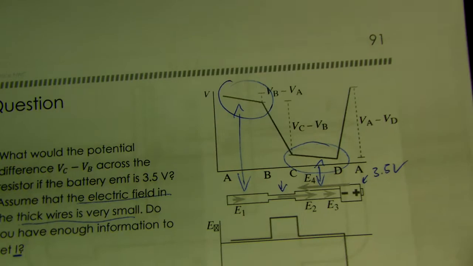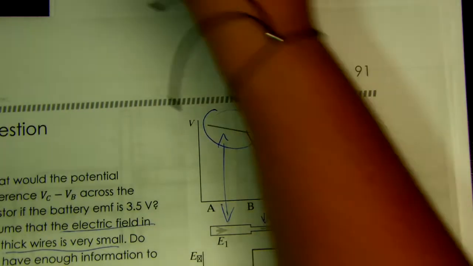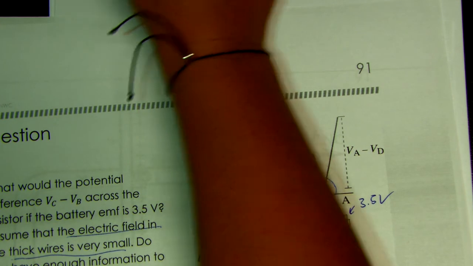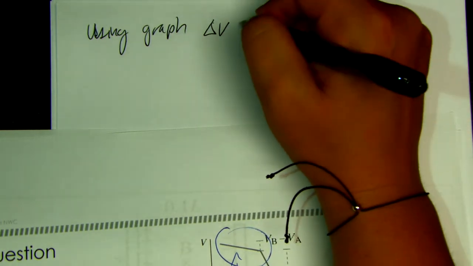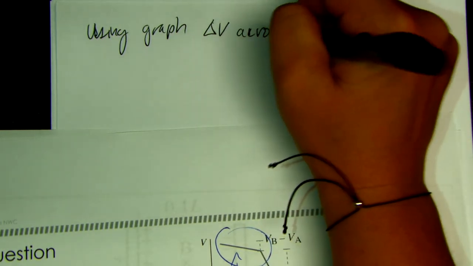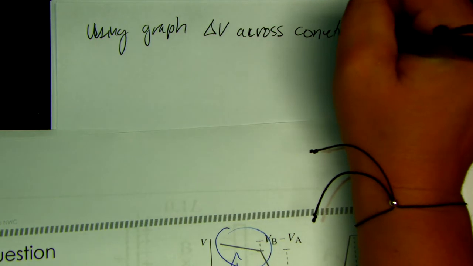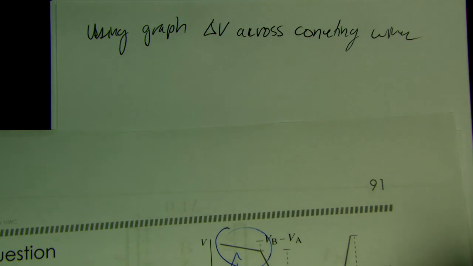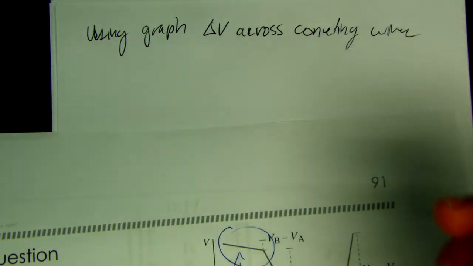What we're going to do is use this graph to answer the question, and we're going to look at delta V across connecting wires. So we know that going through the circuit, plus the EMF of the battery, is going to be 0.